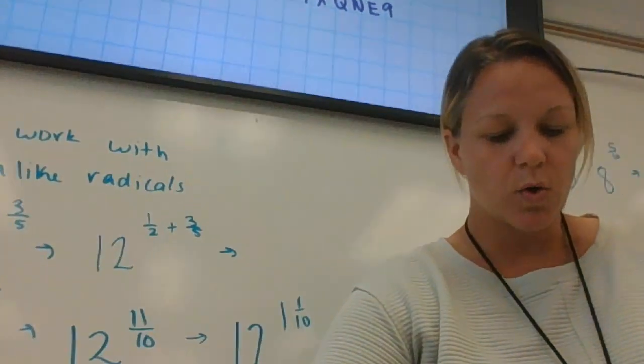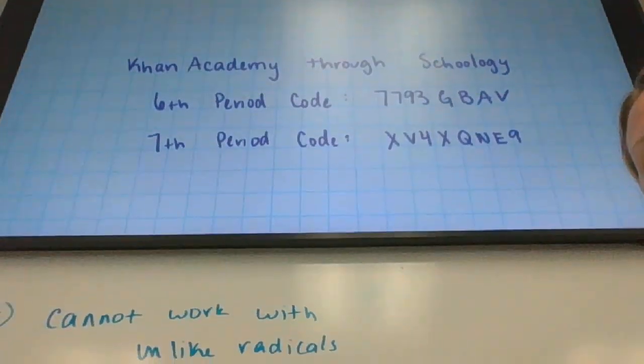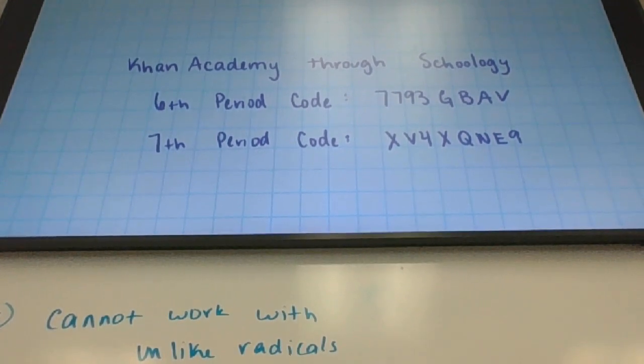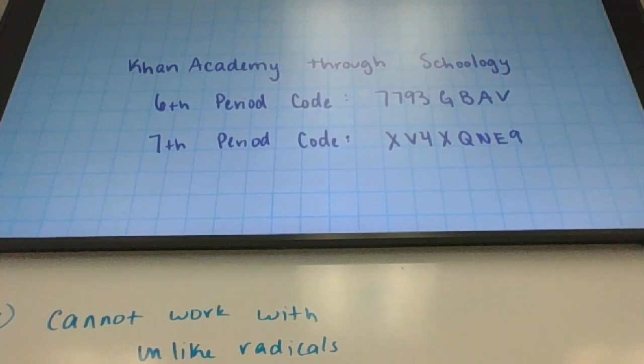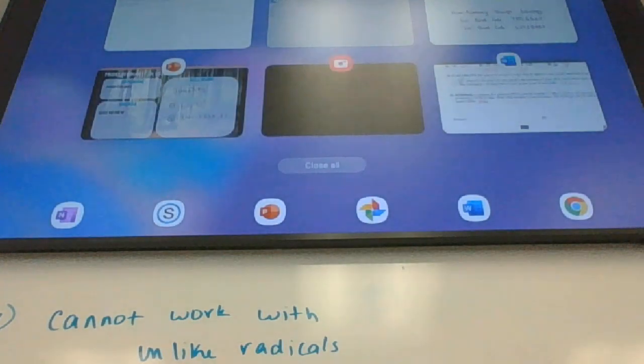So in an orderly fashion, you need to come get a Chromebook. These 2 rows first, or if you have your own device, that's good. It's gonna be on this Khan Academy. Rows 1 and 2, use a Chromebook. Don't do it on your phone.